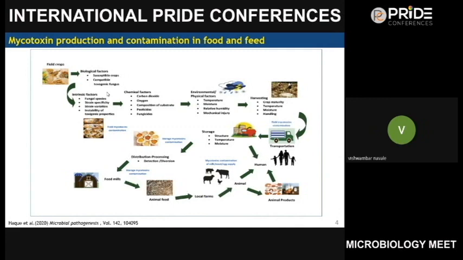Even at field level it gets produced. Once the grain is transferred from the field to storage, like storage godowns, during travel time the moisture conditions and other physical environmental conditions differ, and at that time too these fungi are able to produce mycotoxins, which transfer from grains to animal feed.